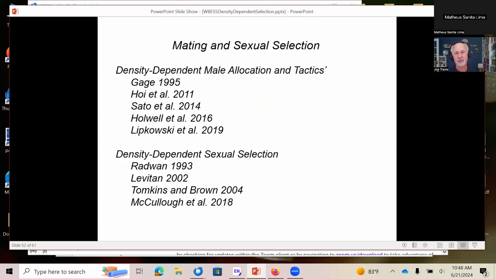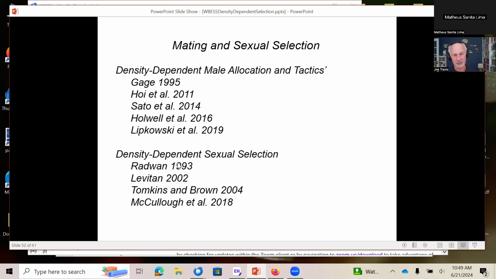There is a history of density dependent mating and sexual selection. There's several great studies on density dependent male allocation and tactics showing how the tactics males use to obtain mates can change with population density, and that at high densities, a different phenotype prevails than you see at low densities.